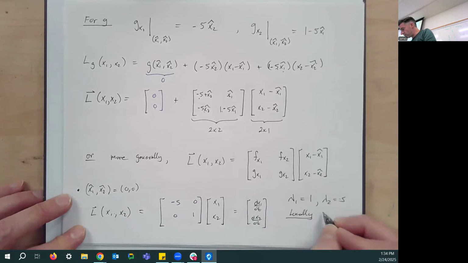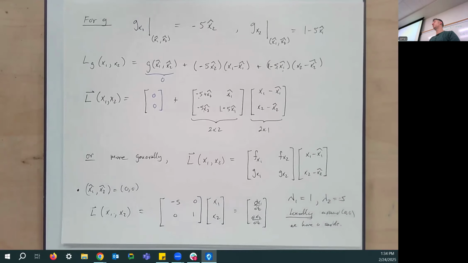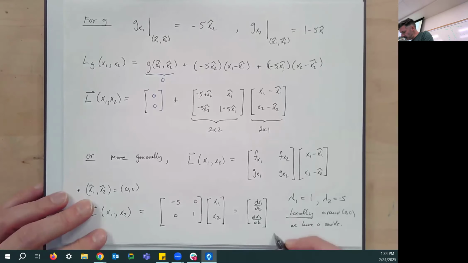A better way to say that, though, is that we usually don't say what kind of thing we have so much as whether it's stable or unstable. I should be more careful with my language here. What I should say is that 0, 0 is locally unstable. That's a better thing to say. So 0, 0 is unstable.